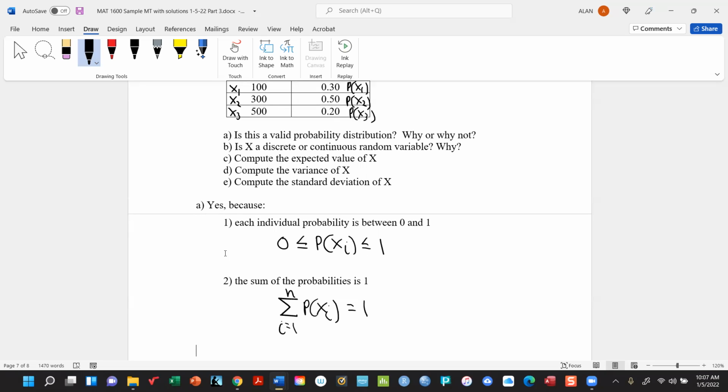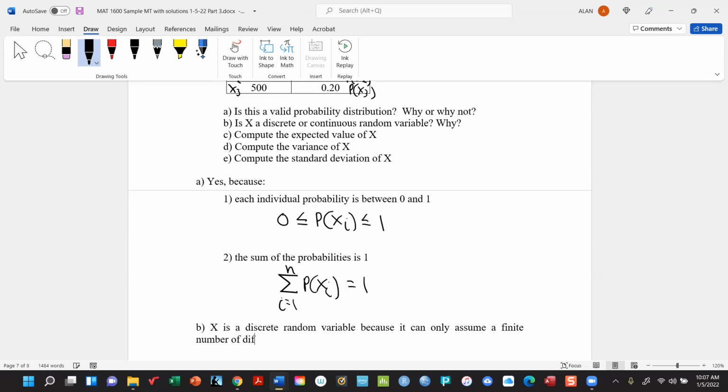Now, for part B, X is a discrete random variable because it can only assume a finite number of different values.